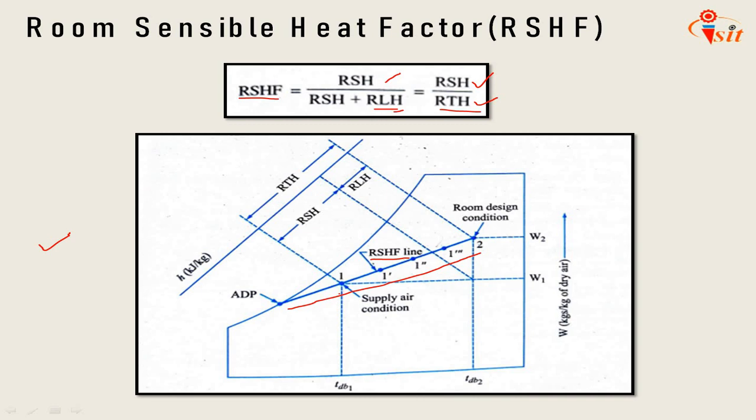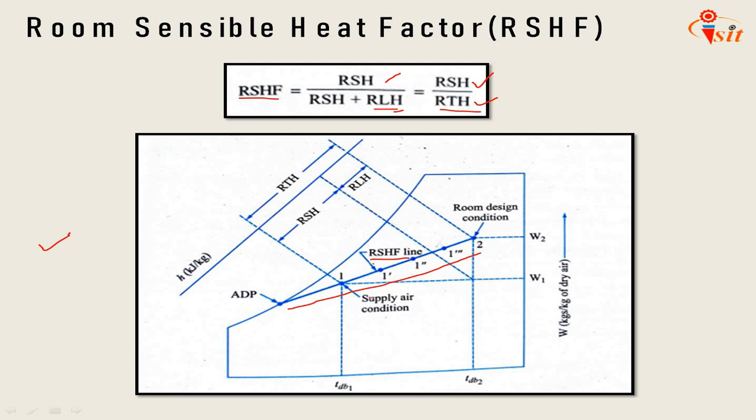The slope of the line gives the ratio of sensible heat load to the latent heat load. The supply air having dry bulb and wet bulb temperatures such that the condition point falls on this line will satisfy the requirements of the room with an adequate supply of air.